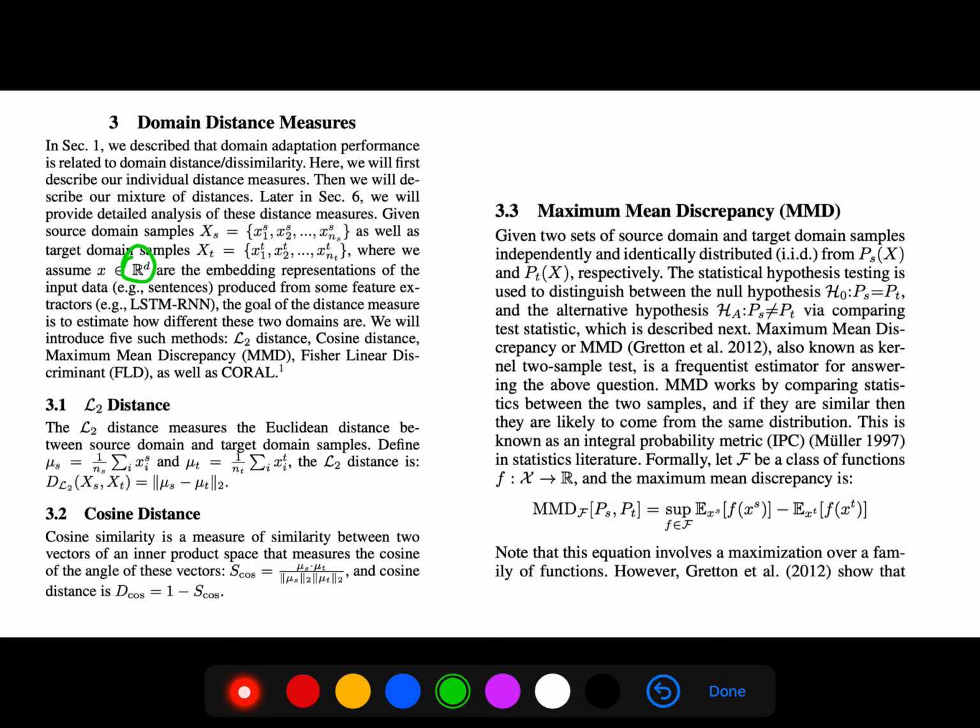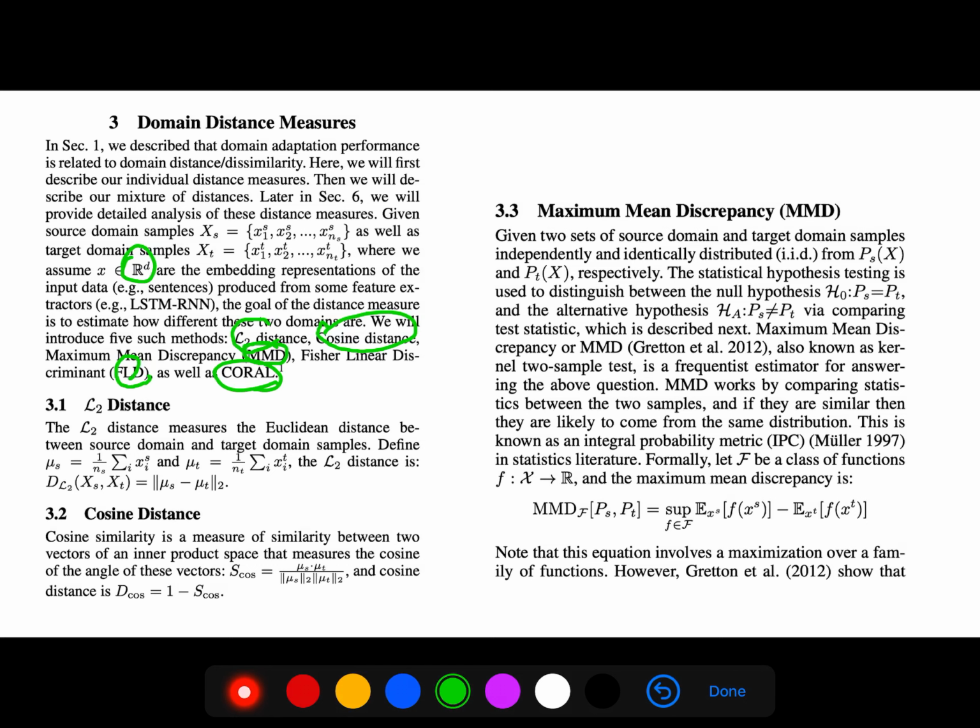The goal of the distance measure is to estimate how different these two domains are. So we have five different measures: L2 distance, cosine distance, maximum mean discrepancy, Fisher linear discriminant, as well as CORAL.